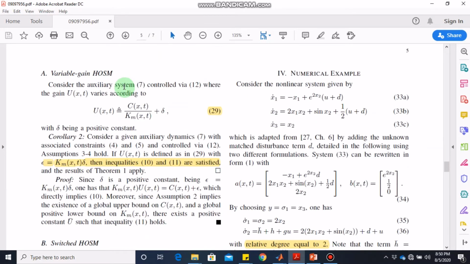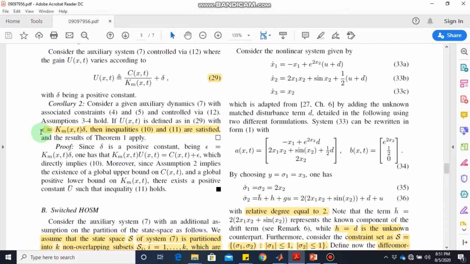Equation 29 tells you how to select the capital U. Here you can see C is the upper bound on the magnitude of the function h of x, and Km is the lower bound on the function g of x, which appear in the rth derivative of the output, and this delta is some positive constant. So this is how you select capital U in variable gain higher order sliding mode control. And then there is another constant epsilon, which is Km times delta.